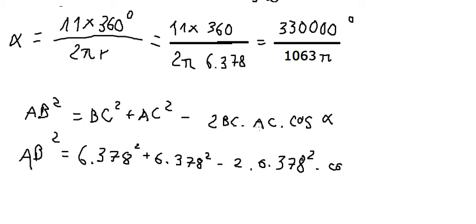Because BC and AC are the same, that's why I put 6.378 squared times cosine alpha. That's about this one.